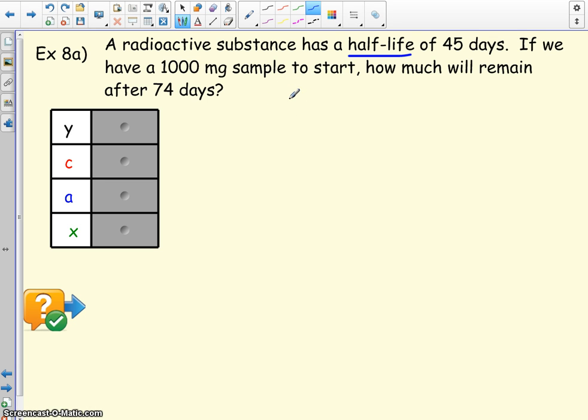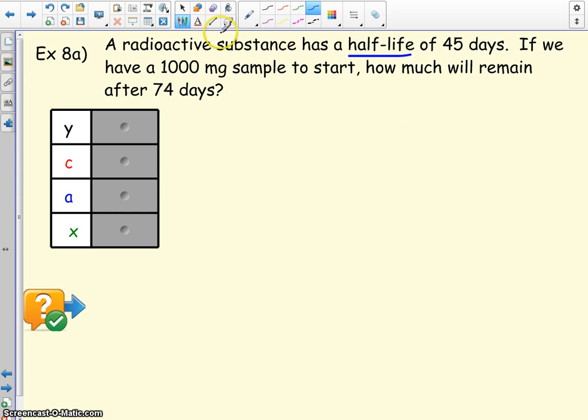You're only going to have 500 milligrams left. 45 days after that, it will decay to half of that value, so it'll go from 500 to 250 in the next half-life. And then from there, it'll halve again every 45 days. So it'll go from 1,000 down to 500 to 250 to 125, and so on and so forth. So that's what half-life is.